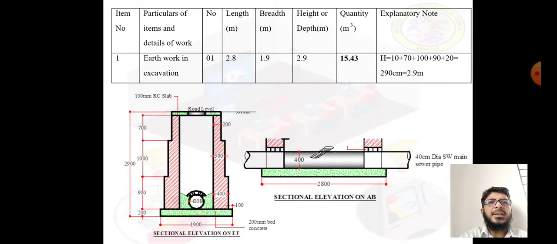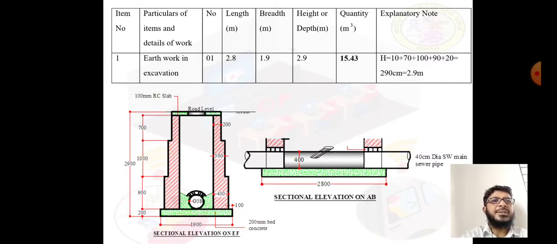So just add all the thicknesses of the steps, moving from the top 100 mm RC slab. Next 700 mm thickness of the first step, then the next step 1 meter, then the next step 900 mm, and at last the thickness of the concrete bed as 200 mm. If you add, you will get a total of 2.9 meter.